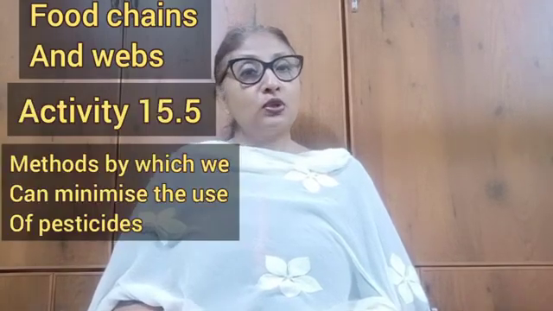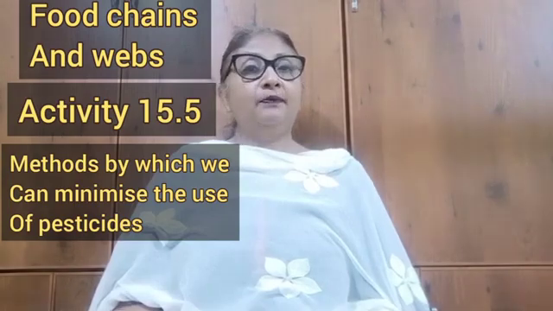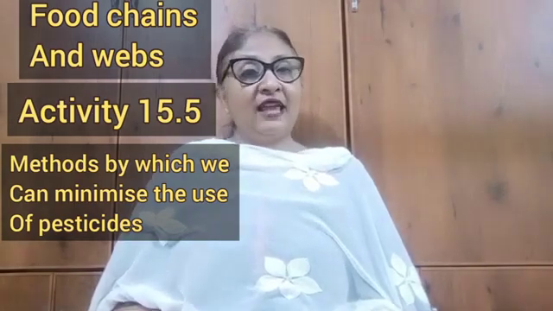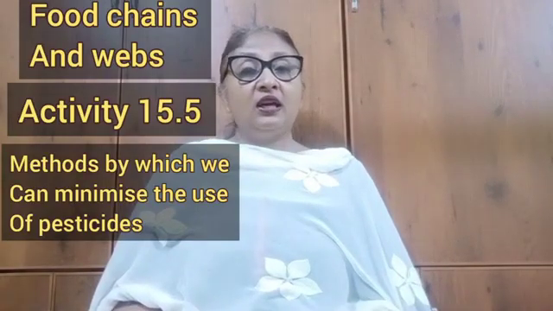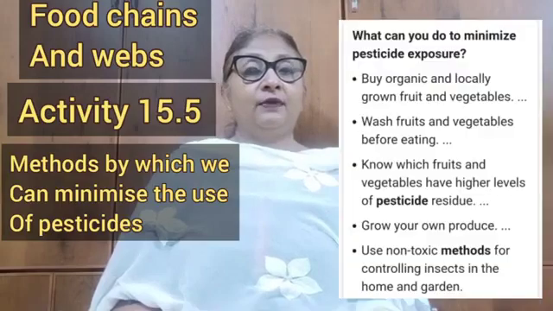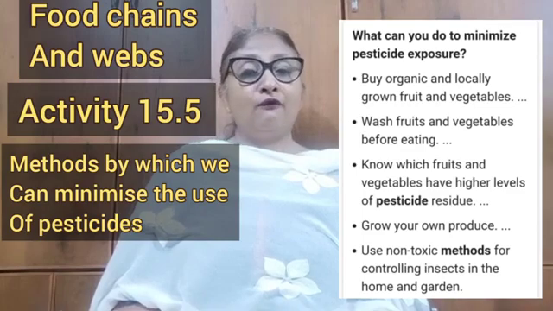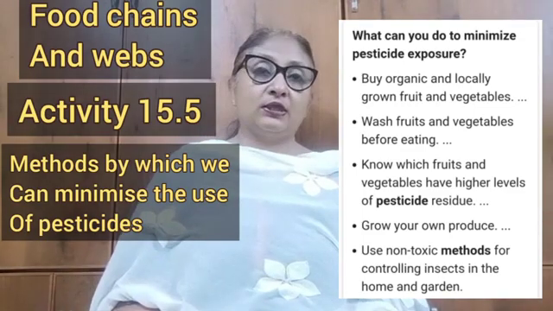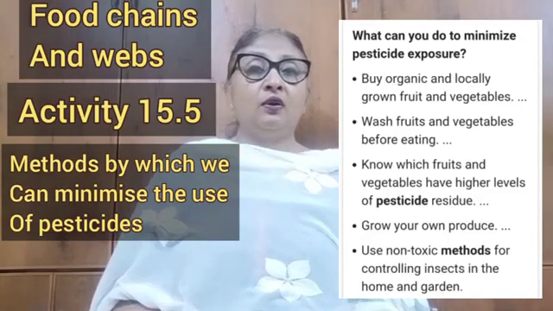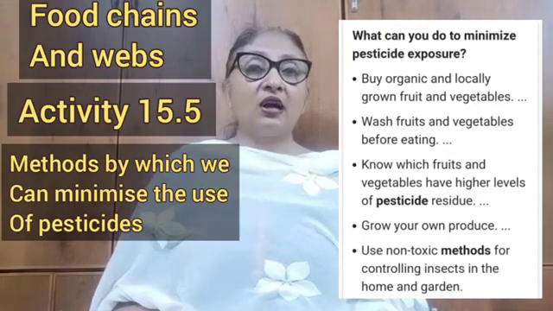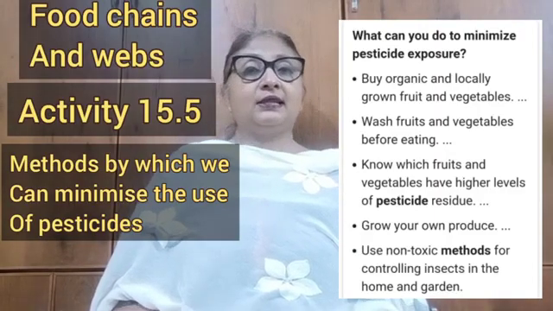Now let us discuss the various methods by which we can minimize the use of pesticides. Firstly, to buy organic vegetables or the vegetables which are found in the local market, which are grown locally. Second is washing fruits and vegetables thoroughly before use. Third, to have knowledge about which fruits and vegetables have more content of pesticides.